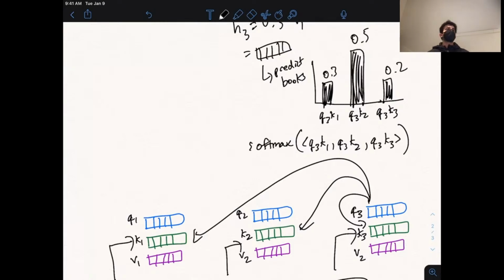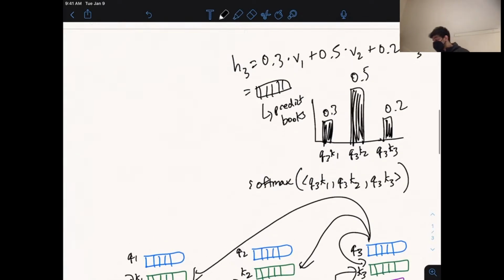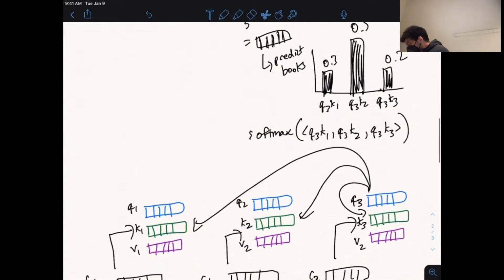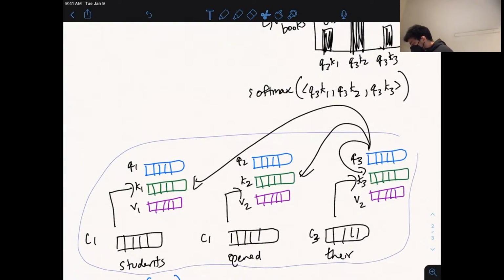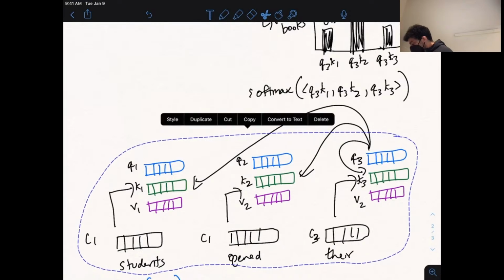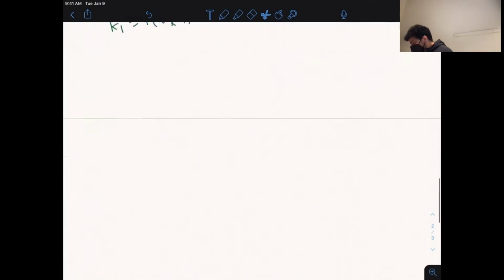Now let's take a look at the 2nd time step. So we're going to work our way backwards, and then we're going to see how we can actually compute all of these final vectors here, the weighted average of the value vectors, in parallel. So to do this, I suppose I will copy all of these to a new page.